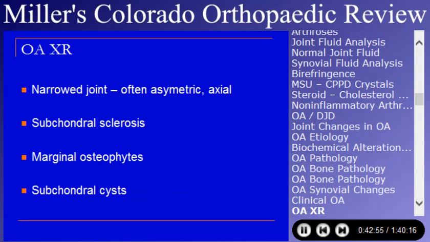X-ray shows a narrowed joint. The narrowing often is asymmetric, as opposed to symmetric in the inflammatory arthritises. The loss of cartilage tends to be axial. There is subchondral sclerosis, whereas in the inflammatory arthritises there tends to be osteoporosis. There are marginal osteophytes and subchondral cyst.